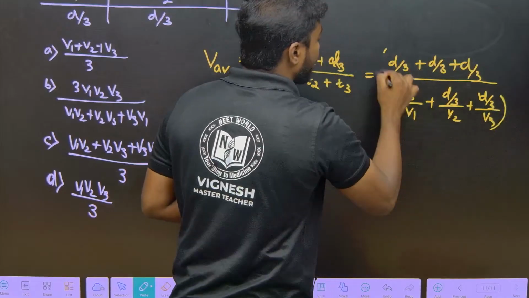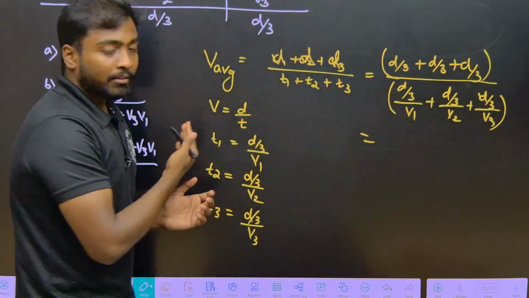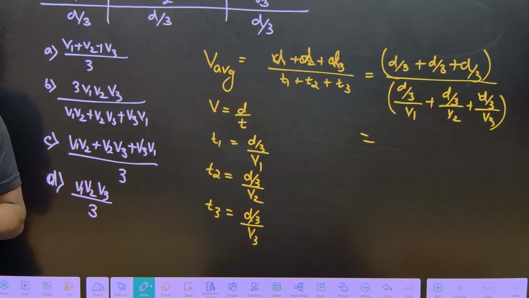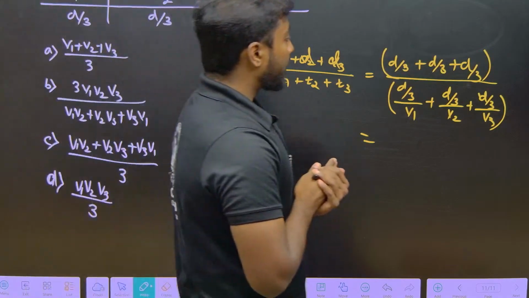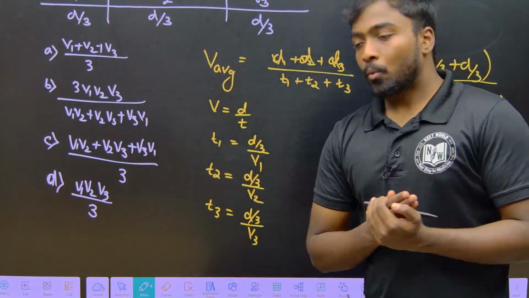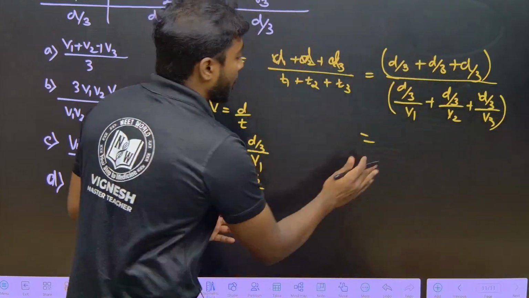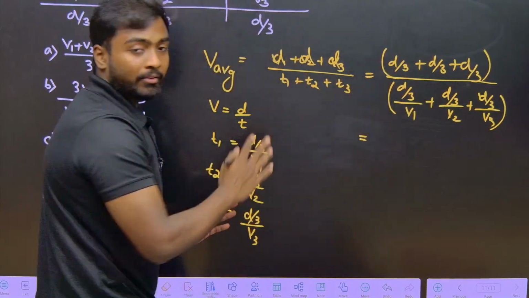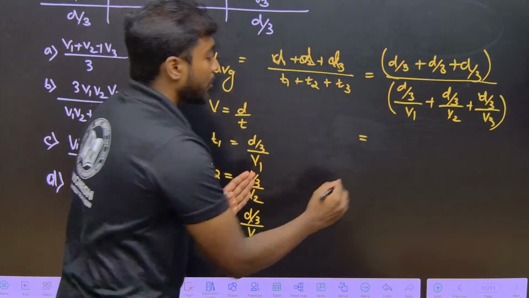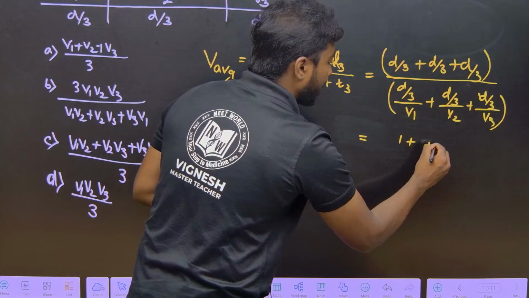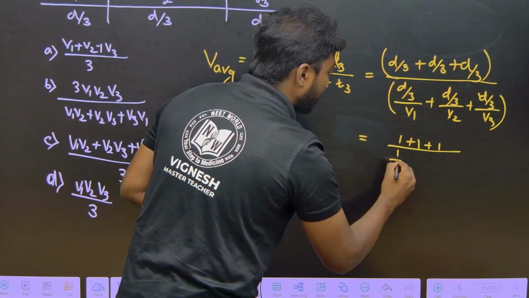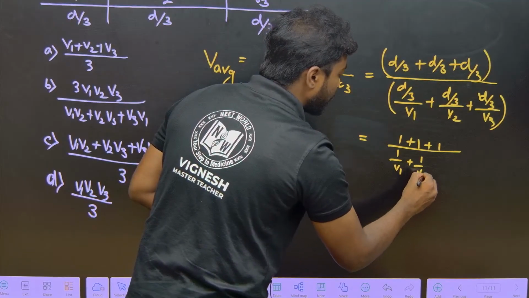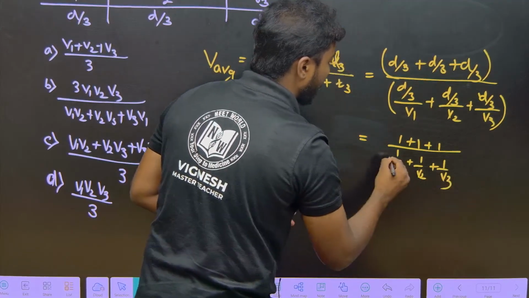I will take d by 3 commonly outside and cancel out. So 1 plus 1 plus 1 divided by 1 by V1 plus 1 by V2 plus 1 by V3. Any doubt?